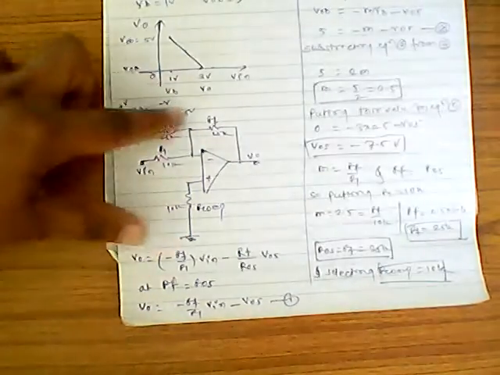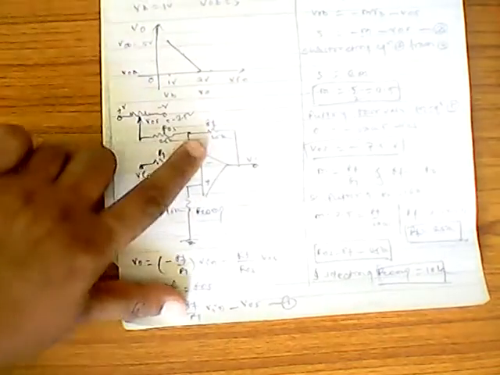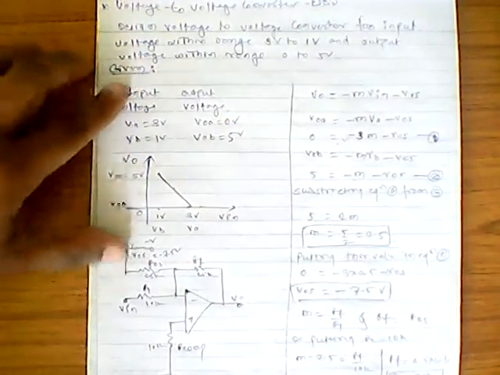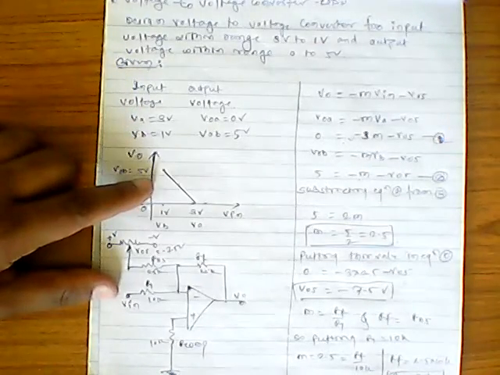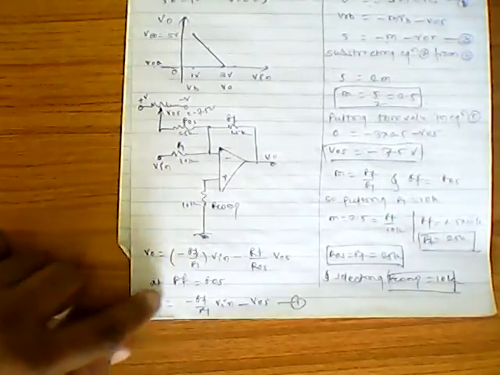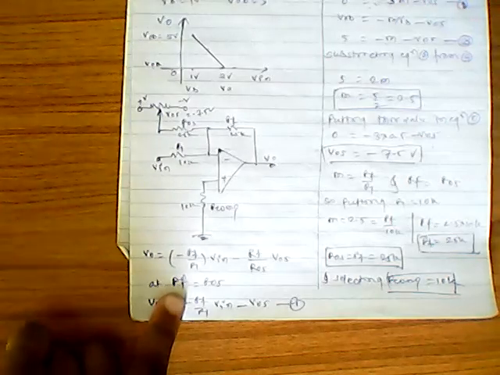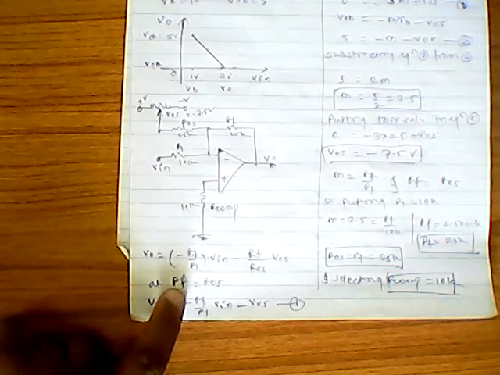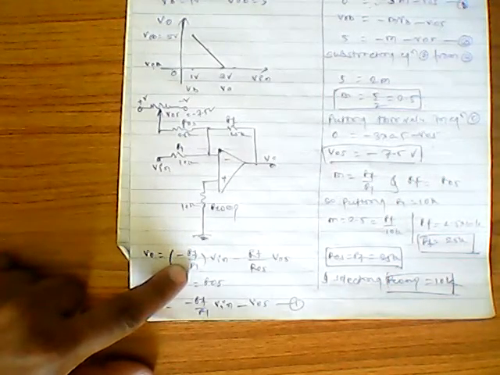By adjusting these values in the circuit, we will get this particular equation, and this circuit will give us the corresponding output for this corresponding input. So this is V to V converter. Only we have to keep in mind the slope of the line is negative, and for negative slope we should select this circuit and this characteristic equation. For this, the constraint is that RF is equal to ROS, and RF by R1 gives the gain of this particular circuit.